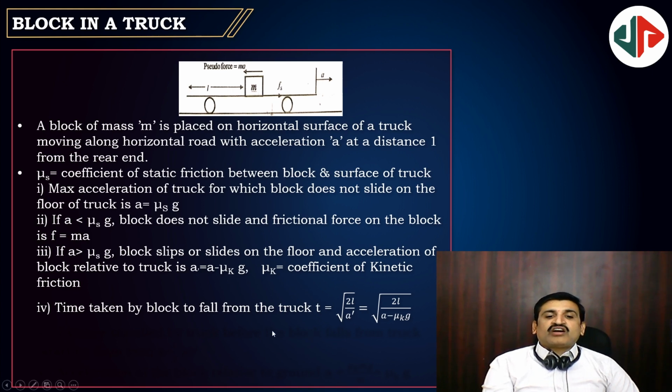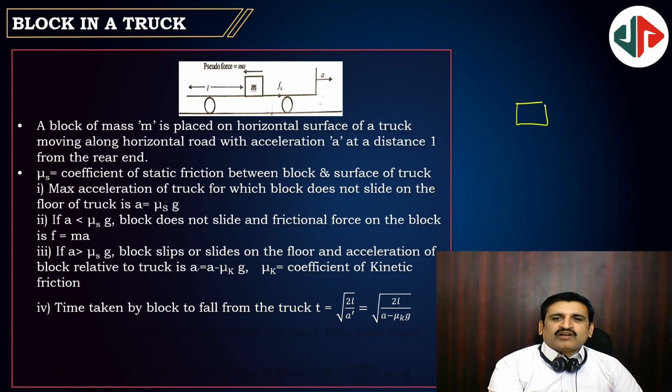Time of fall is equal to square root of 2l by a dash, that is, 2l by a minus mu k g, where a is the truck acceleration and mu k g is the frictional acceleration. Yeah, you can think here in this way. On the block, acceleration a is there, friction acceleration a k is there, so net acceleration is a minus a k, which is a minus mu k g. So this is the net acceleration, or relative acceleration, whatever.